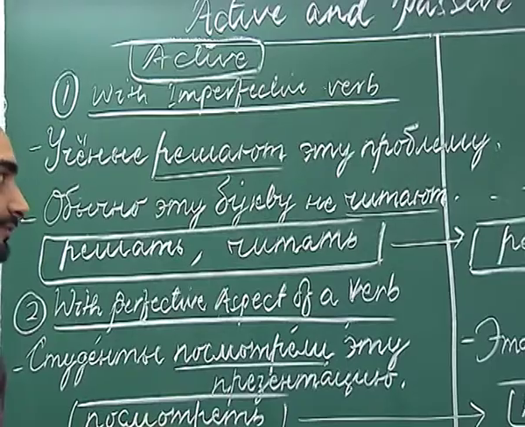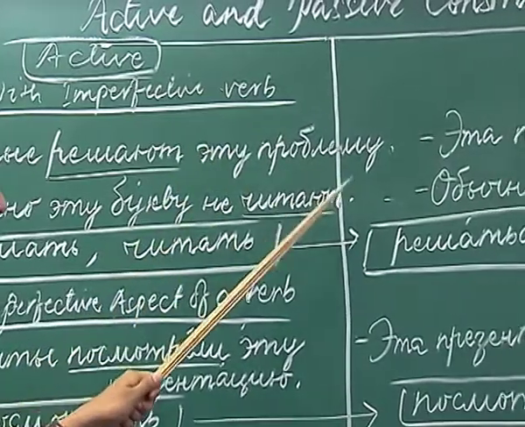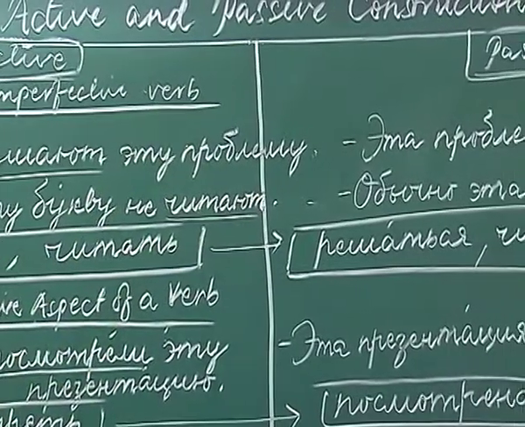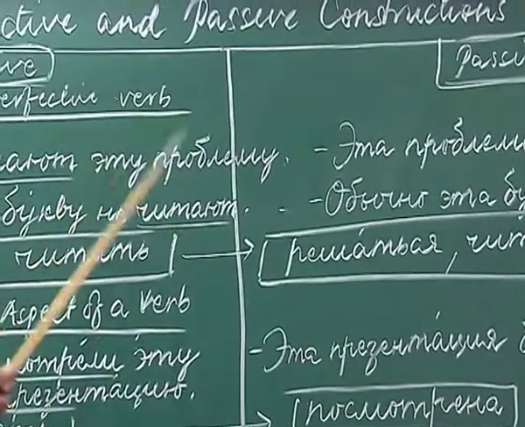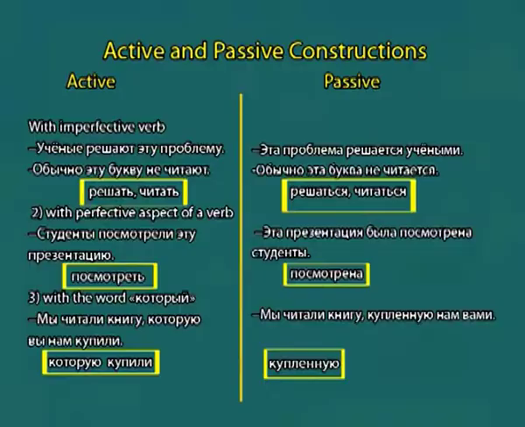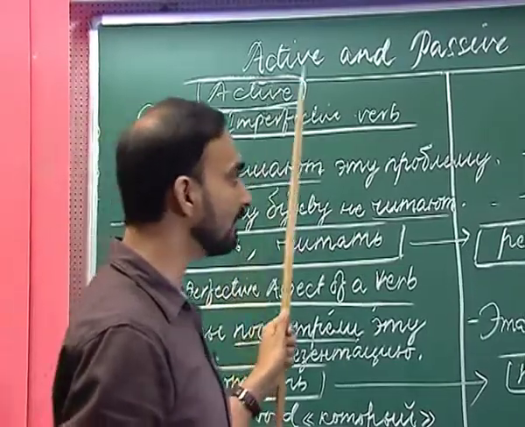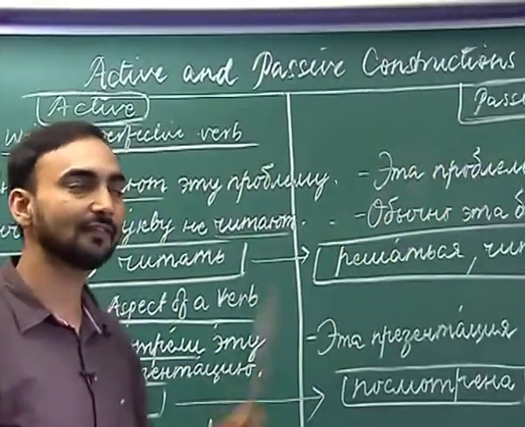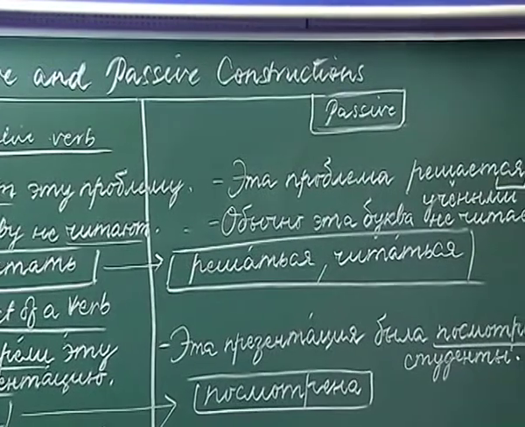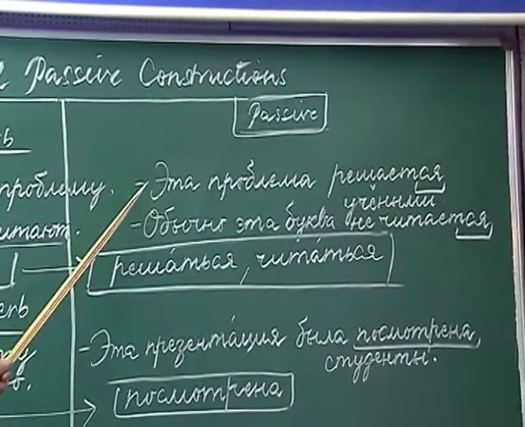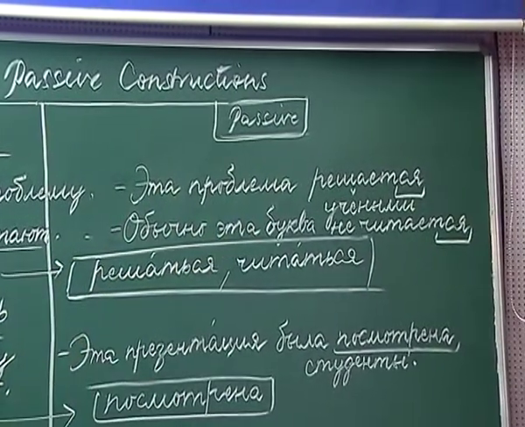So, now if we come across such examples of active construction, how do we change them into passive? If there is an imperfective aspect of a verb used in the active construction, you have to change the verb into a reflexive verb. And how do we change the verb into reflexive? We add the particle sya at the end.